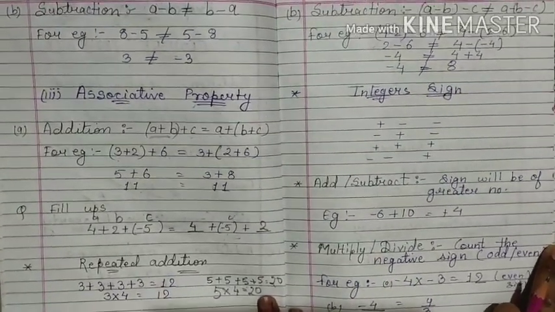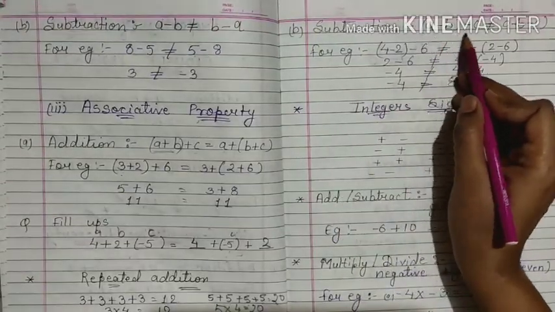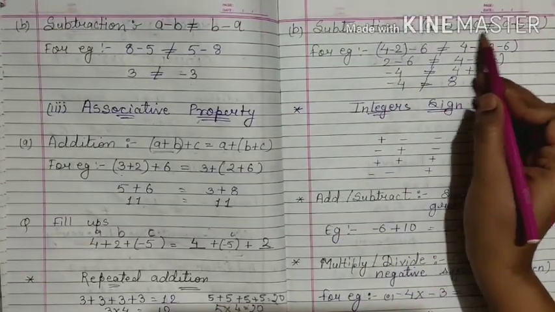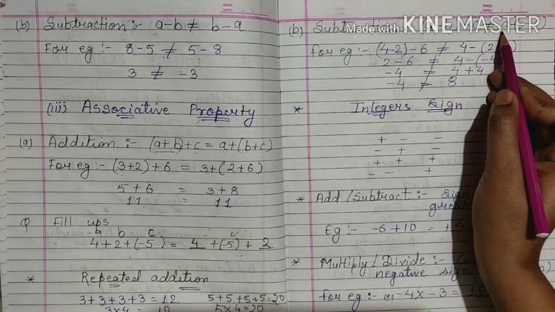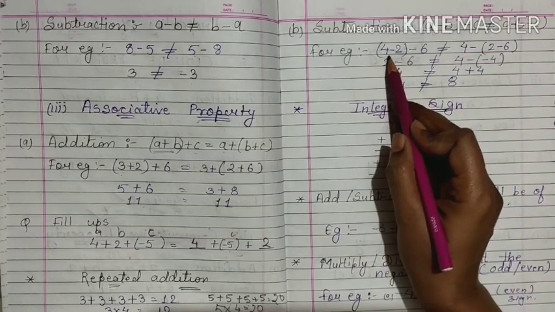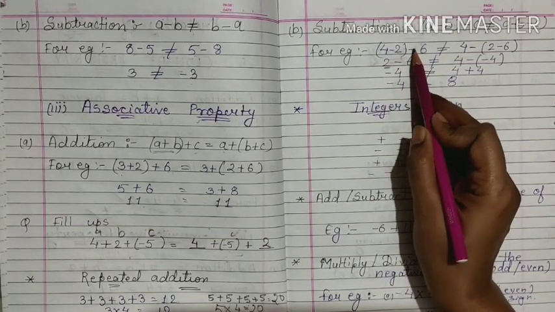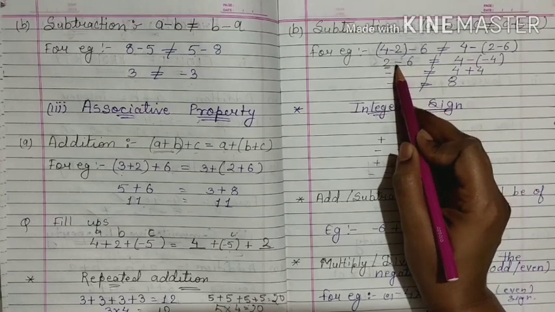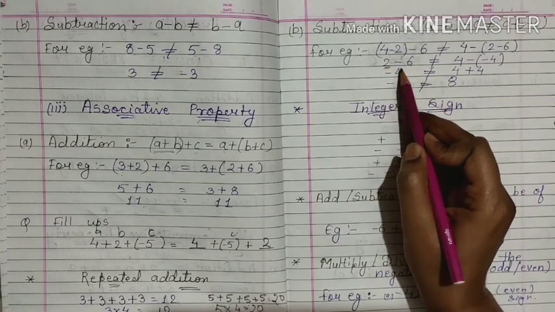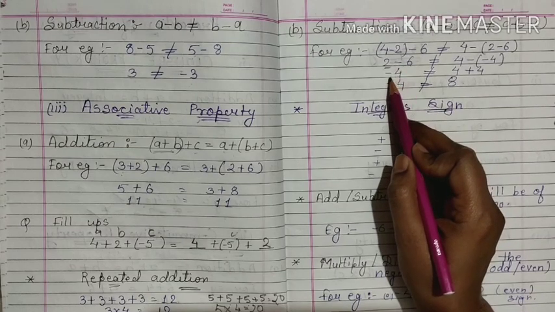Next is subtraction. In associative property, the LHS and RHS are not equal. You can see the example. 4 minus 2 is 2 and minus 6. Then 6 minus 2 is 4, and the sign will be of 6 because minus is greater.